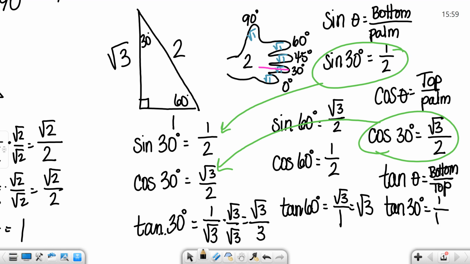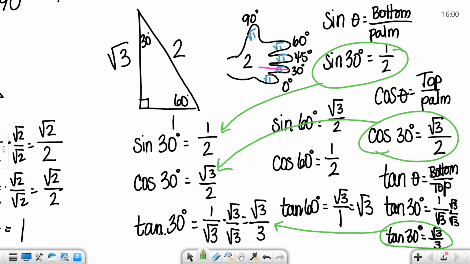The stuff that's on the top is the square root of 3. Oh, you can't leave a square root in the denominator, so now I have to rationalize, and I get the square root of 3 over 3. So the tangent of 30 is the square root of 3 over 3. And one more time, look at there, guys.